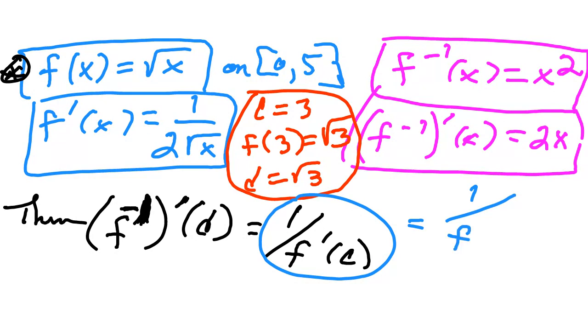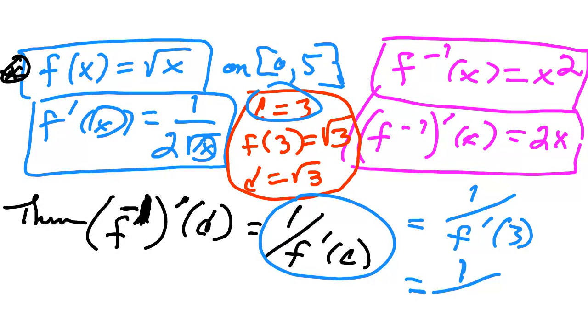So I'm going to write in what is c? C is 3, right? So this is 1 over f prime evaluated at 3. Well, what's f prime at x? F prime at x is 1 over 2 root x. So f prime at 3 is 1 over 2 root 3.